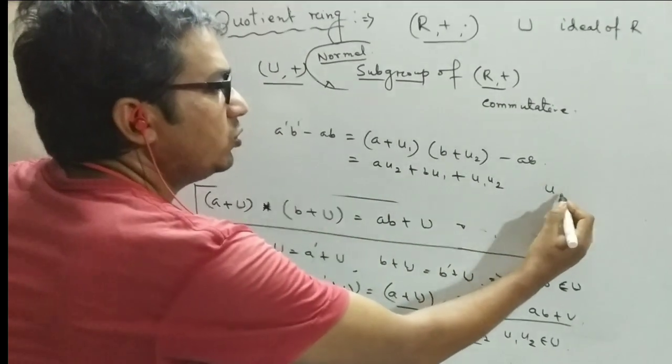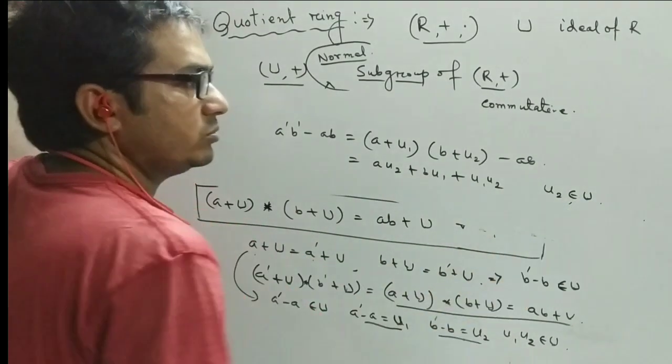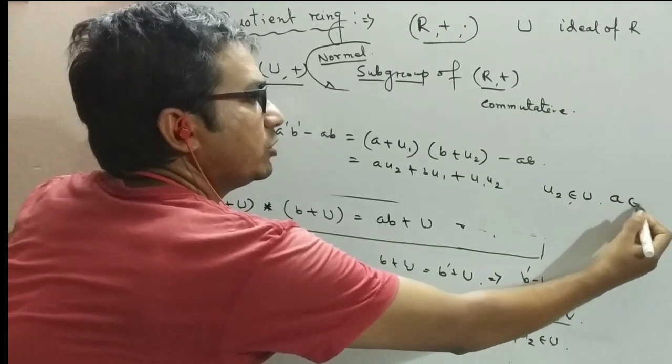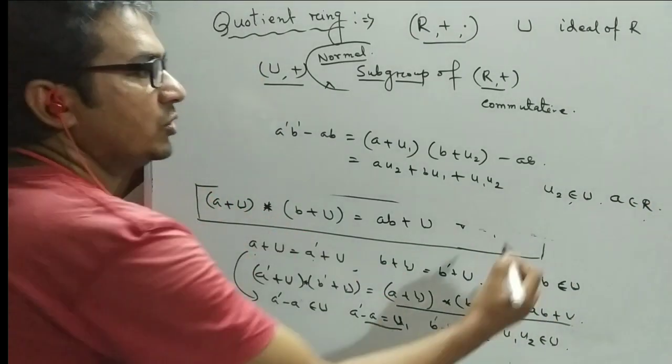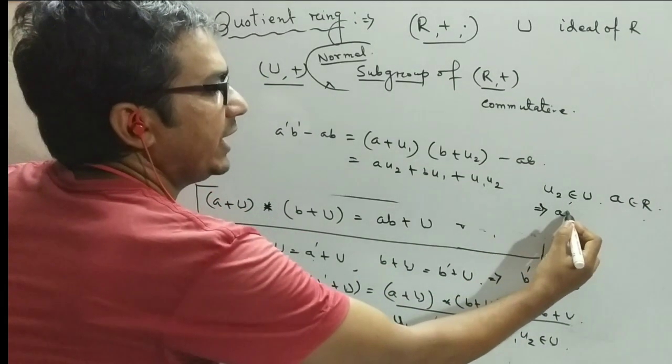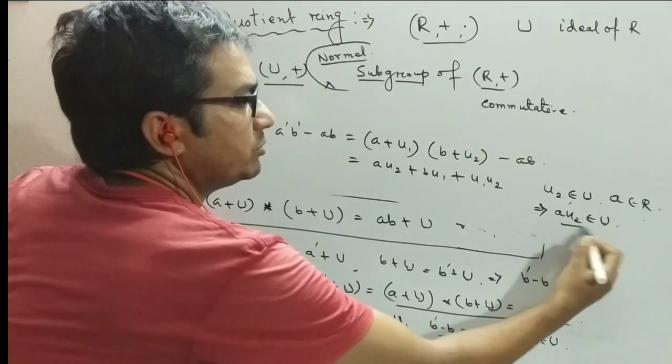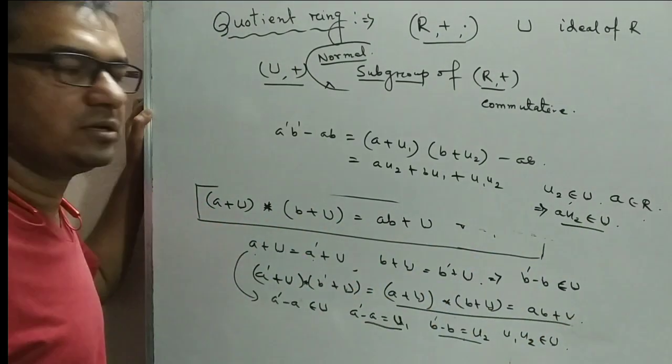Here U2 belongs to U and A belongs to R, implies A U2 belongs to U because U is an ideal.